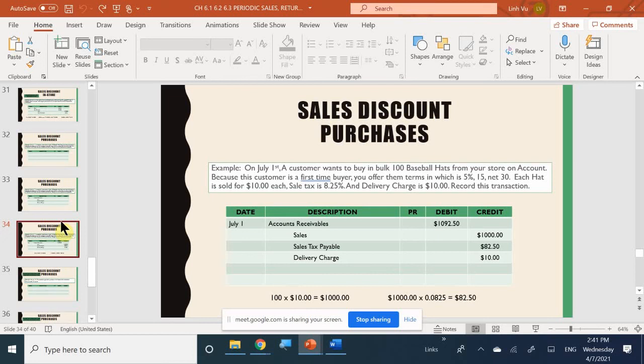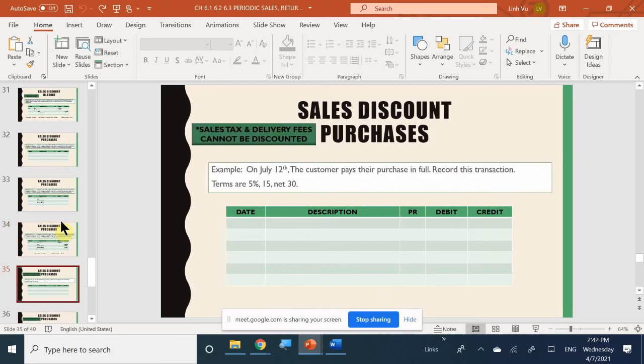So I'm going to recognize how much those hats were for, 100 of those hats, right? At $10 each gives me $1,000, times the tax, which gives you $82.50, plus the $10 shipping is going to give you a total of $1,092.50. Now with this though, they paid. If they pay within the discount period, right?